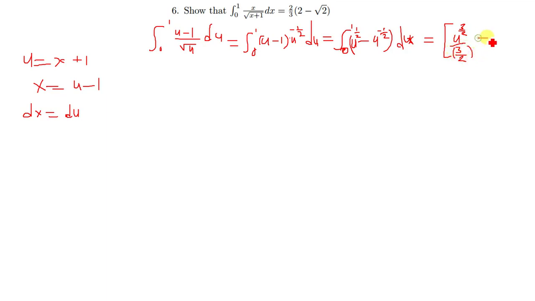And then you get your minus. You integrate negative half plus 1, you get positive half, which is u to the power half. Then divide by the new power, which is half.